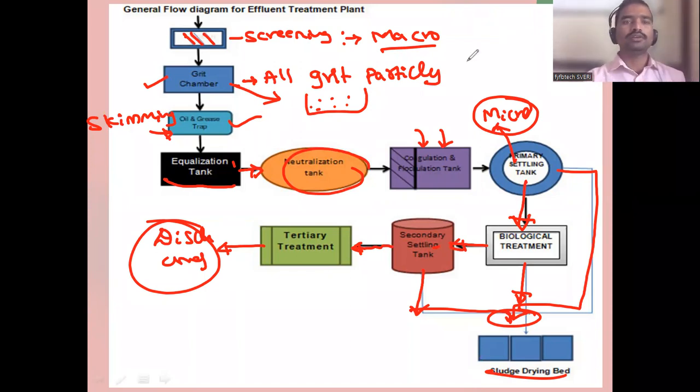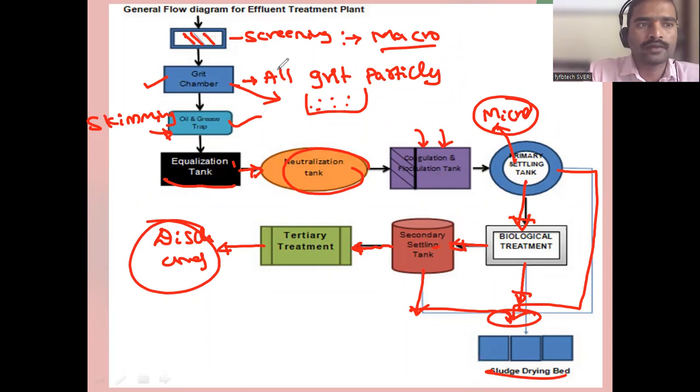Now I will ask anyone, can you explain this flow diagram? Can you explain one by one from the screening to the end? Anyone take the lead. Anyone who is interested can explain this diagram. I have given you an opportunity. You have to utilize this opportunity.